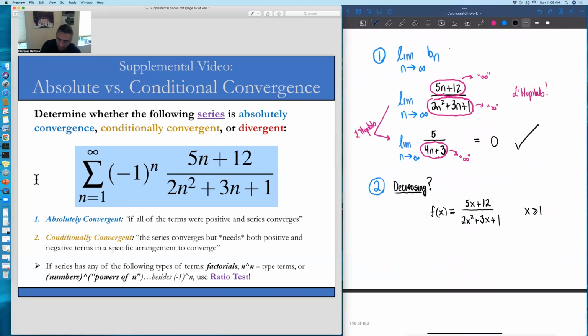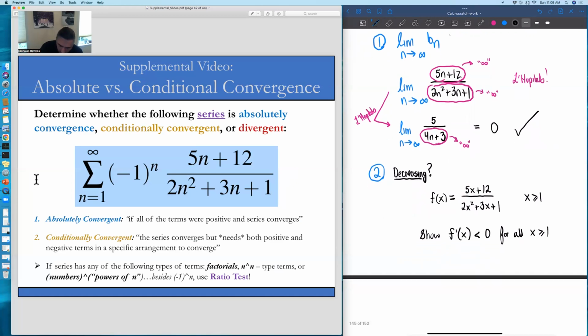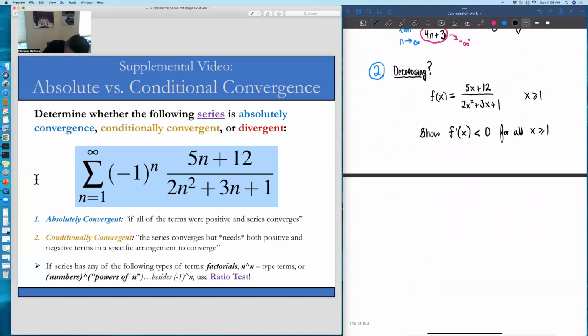What we want to show for this function to decrease is that its derivative is less than 0 for all x greater than or equal to 1, or at least after a finite x value and beyond. So let's go ahead and take this derivative.